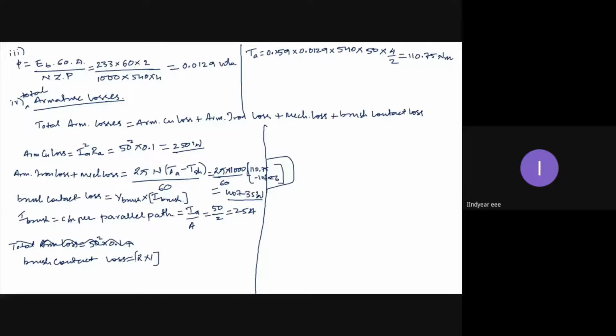So this is total voltage drop across all the brushes multiplied by current per brush is 25. Okay. So this is 50 watts.